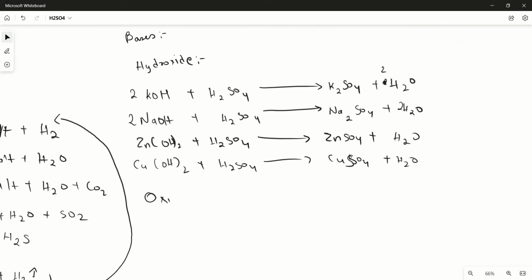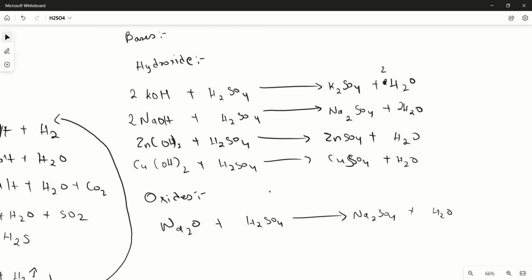Now let's go on with oxides. Let's take sodium oxide plus H2SO4. This should give Na2O, so it displaces this and it becomes Na2SO4 plus H2O.